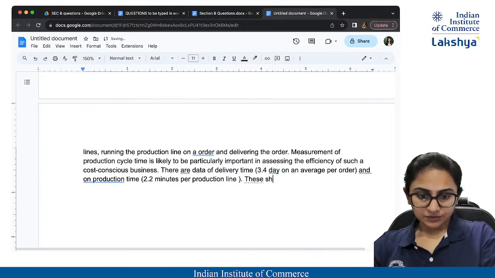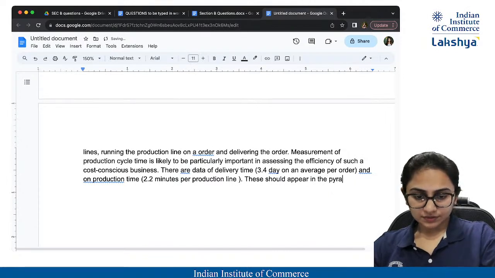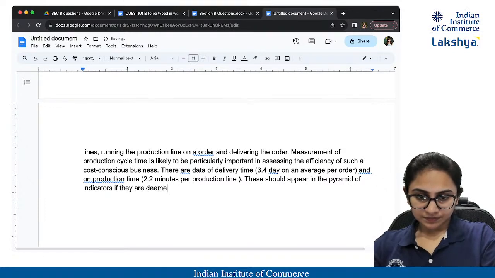These should appear in the pyramid of indicators if they are deemed sufficiently important.